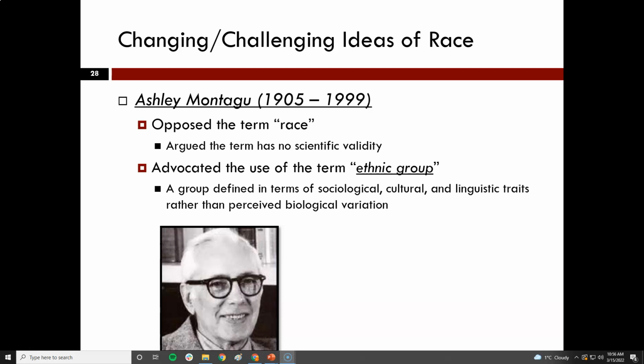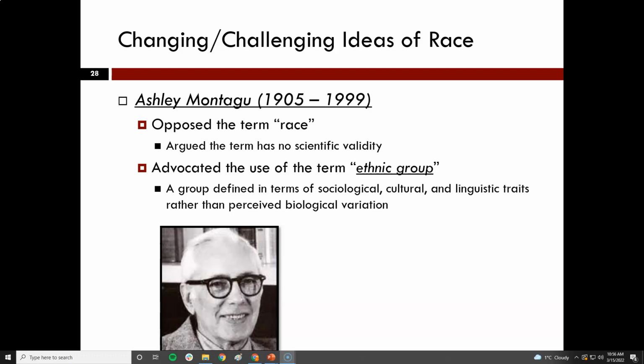So what Montagu was saying was that this is more reflective of how human groups are actually organized, that we shouldn't rely on our perceptions of biological variation, but rather focus on defining groups based on their sociological, cultural, and linguistic traits, right?